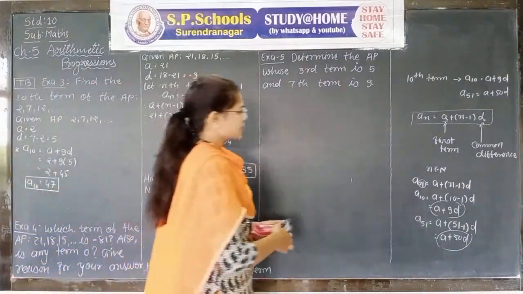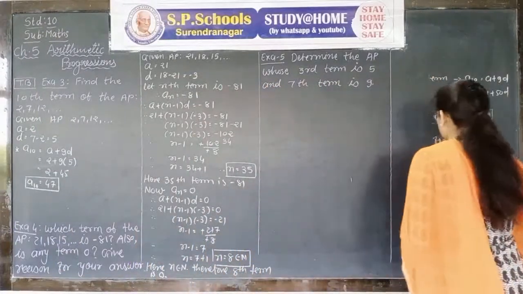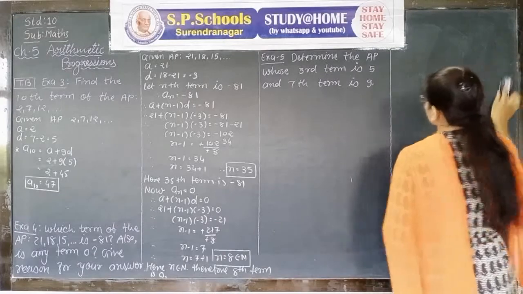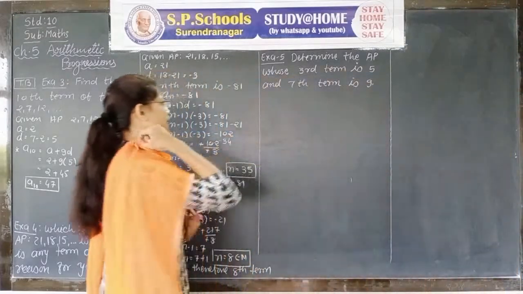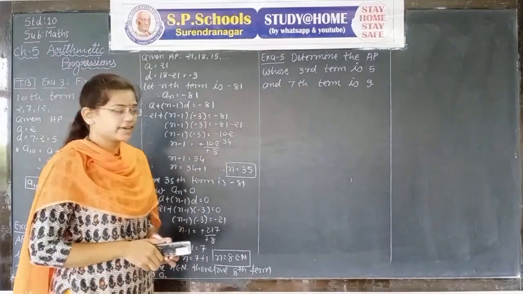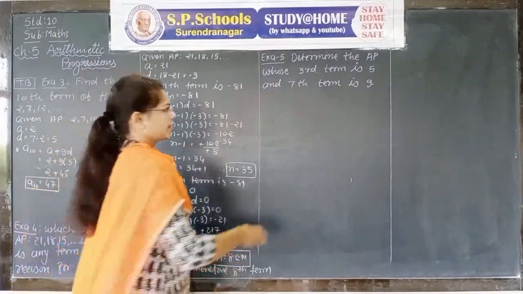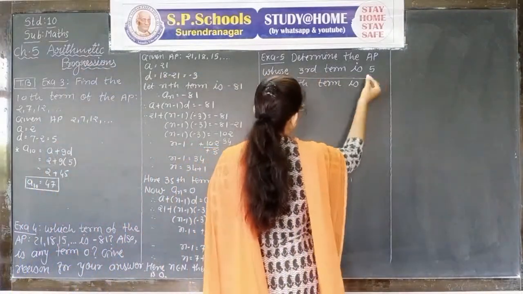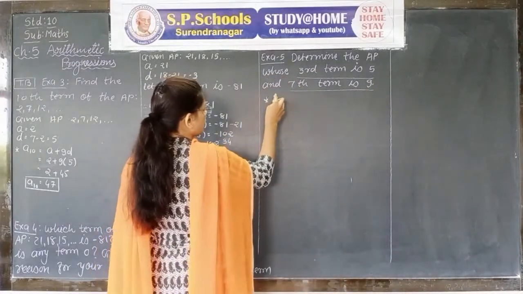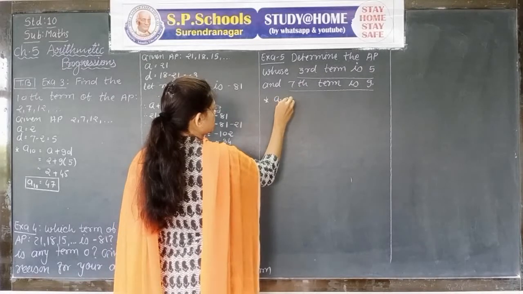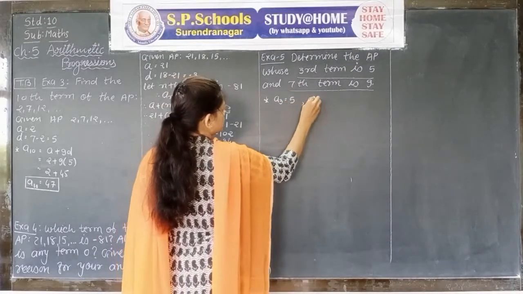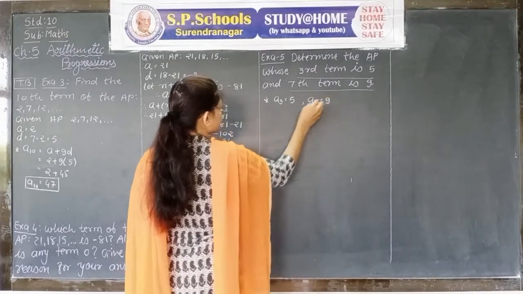Let's see the next example, example 5. Determine the AP whose third term is 5 and seventh term is 9. Here in words, the third term is 5 and the seventh term 9 is given. Write it in symbolic form. Third term a3 is equal to 5 and seventh term a7 is equal to 9.